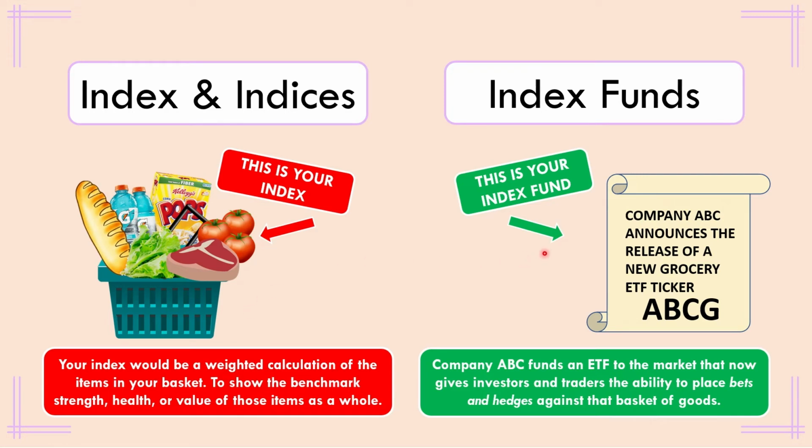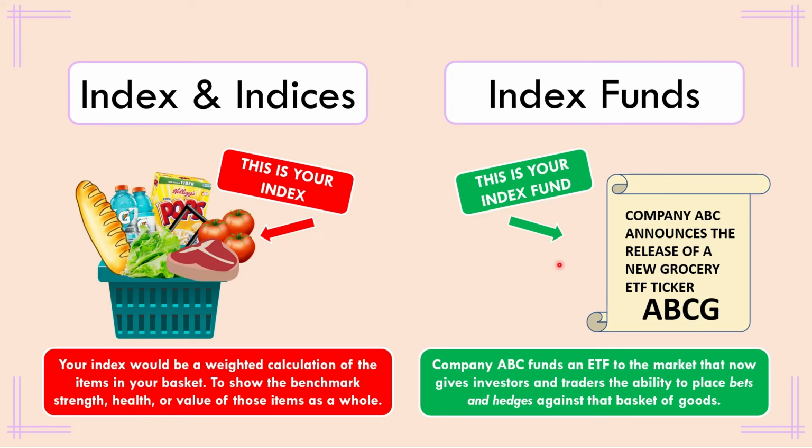And so what company ABC does, they release a new grocery ETF ticker called ABCG. And essentially, let's say company ABC is acting as a principal here, and they're going to bring an opportunity to the market, right?